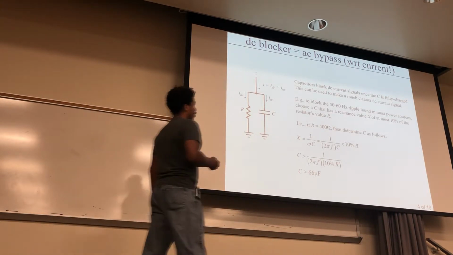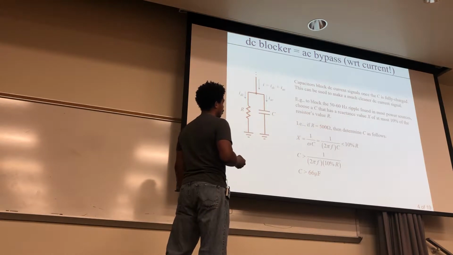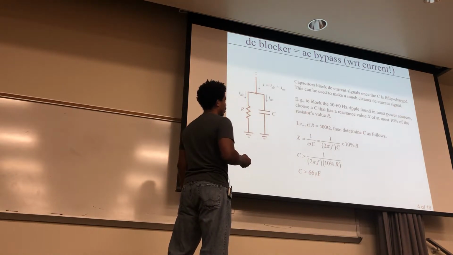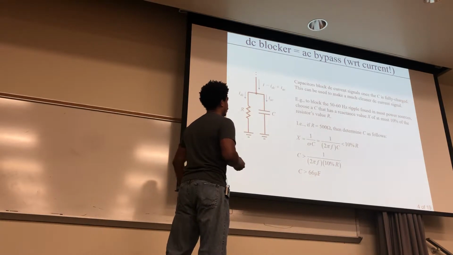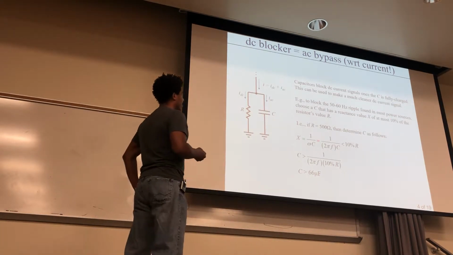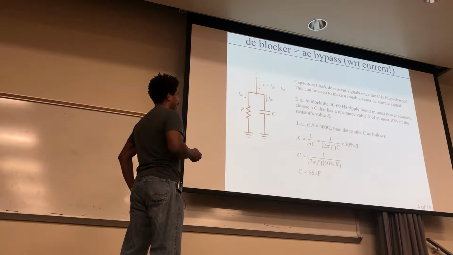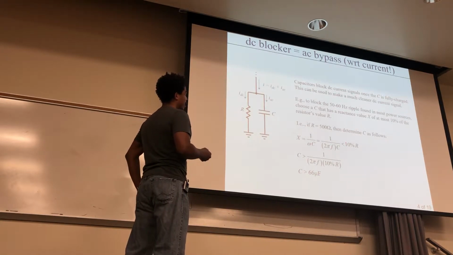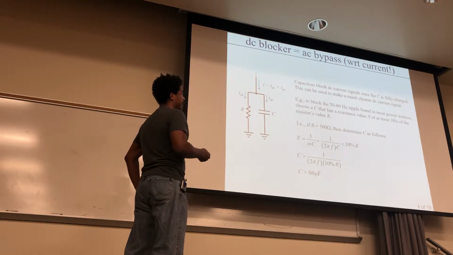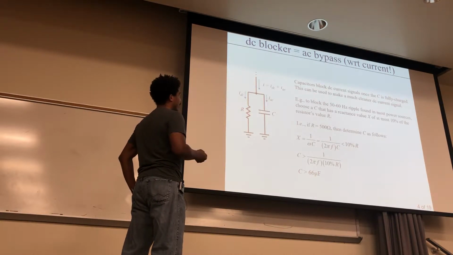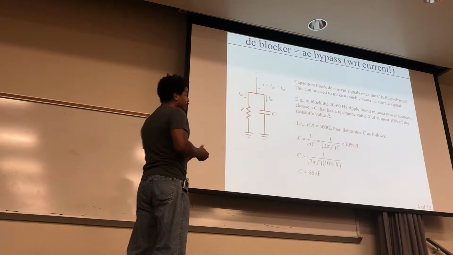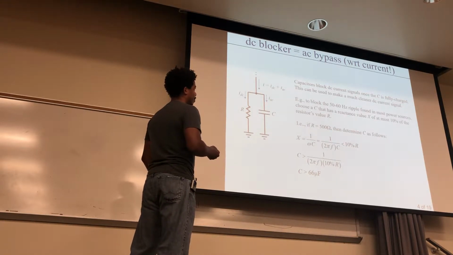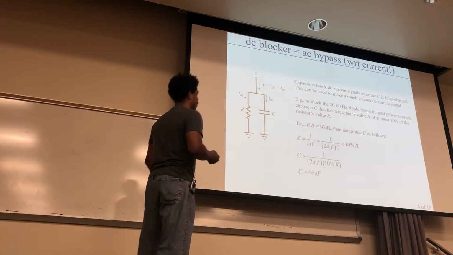Here's the example. Let's say you have a resistor of 500 ohms, and you determine your capacitor with that in mind as follows. Here's the reactance, 1 over omega C, and omega is 2 pi f, with frequency in hertz. You want this reactance to be less than 10% of the resistance right here. You can make it smaller if you want, but 10% is usually a good value.